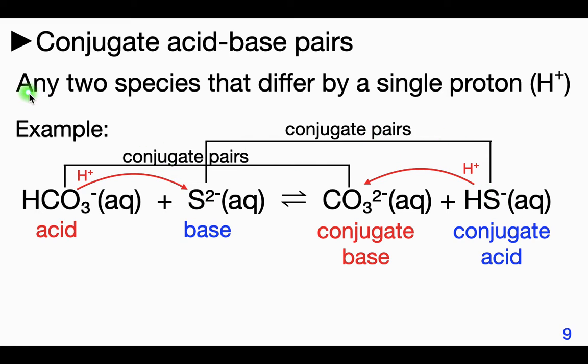So again, go back to the definition here: any two species that differ by a single proton. And again, it's important, just one proton, one hydrogen ion. So you can see the acid here and its conjugate differ by nothing but one hydrogen ion. And the same thing for the sulfide and the bisulfide differ by a hydrogen ion.